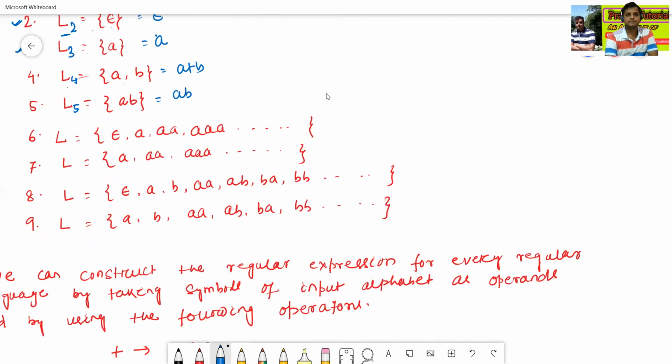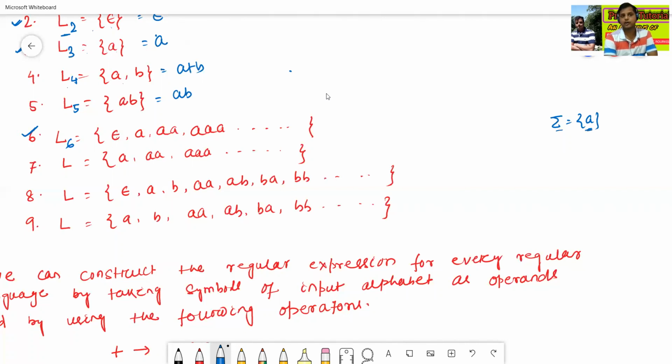What is the regular expression of language 6? Language 6 contains all combinations of a. Here the input alphabet is a.